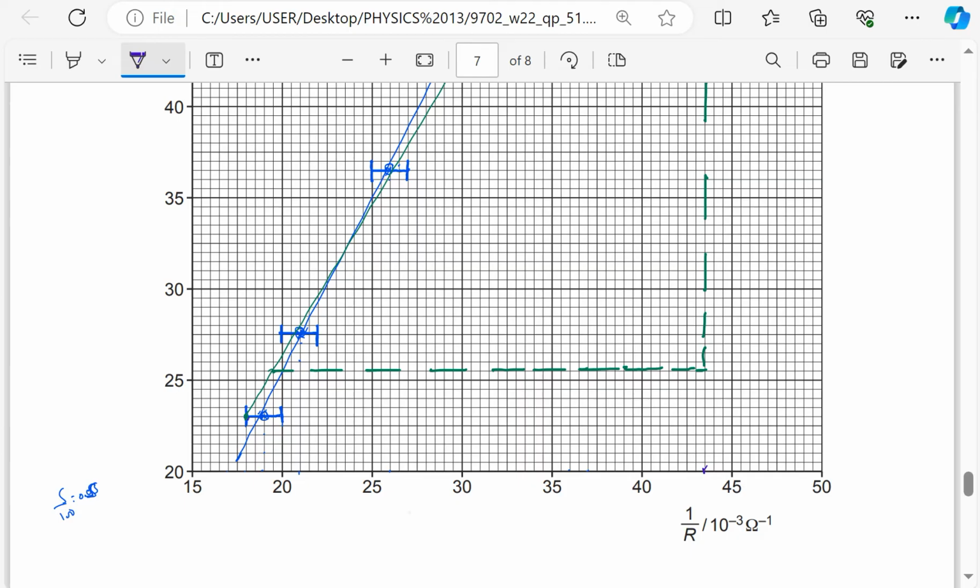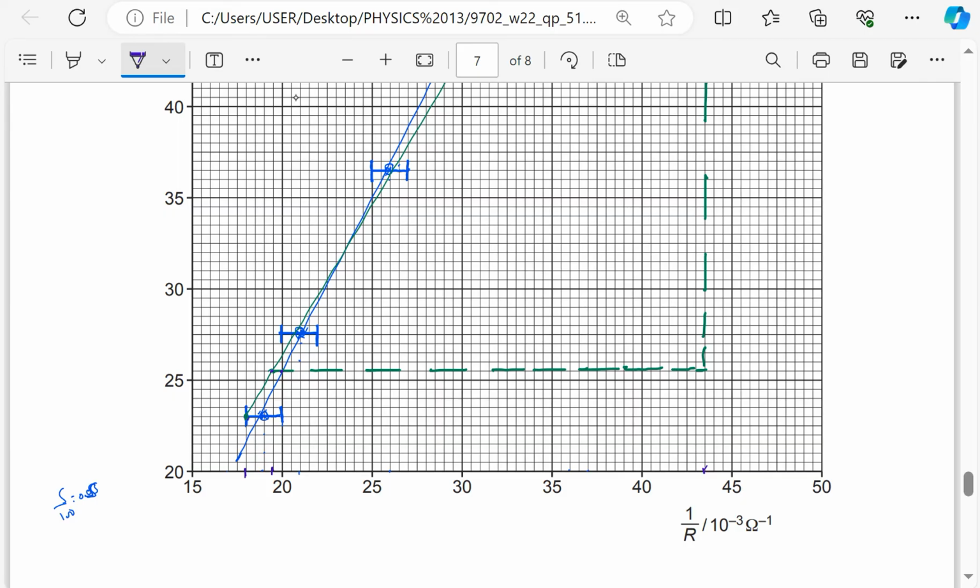Then we come here for x1. For green, the worst fit, it is 15, 16, 17, 18. So it will be 43 minus 18. Then for the blue one, oh, sorry. So this is where the graph touches the line. Sorry, it's not 18. It is actually this point here for green and 20 for blue.